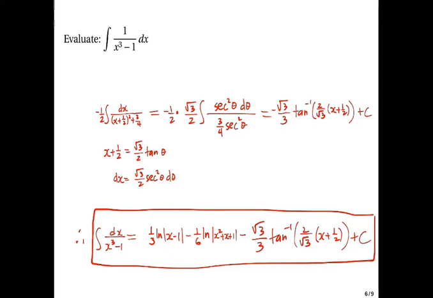That's coming from here, and we have this guy here, correct? So secant squared of x over 2 is 1 over cosine squared x over 2.